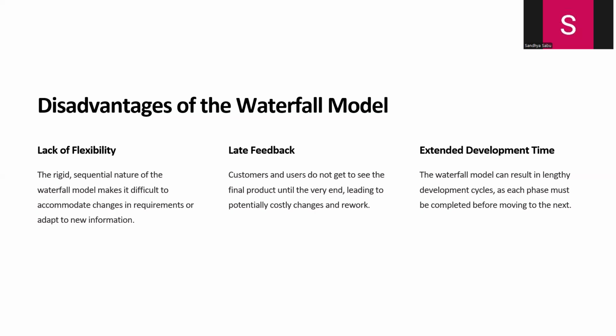When to use the waterfall model? It can be used in the following cases. One is when we know what the requirements of the project are. Next, very few changes need to be expected, because during the development phase very few adjustments can be made to the project.